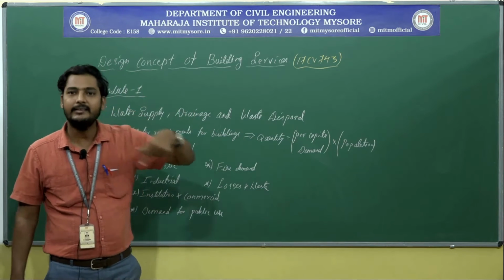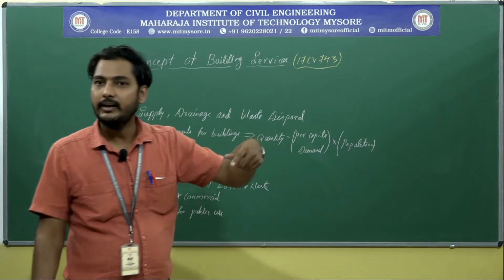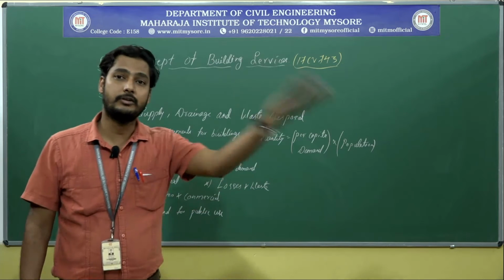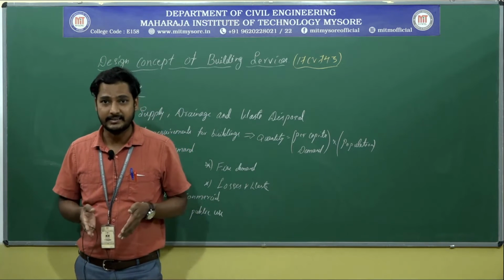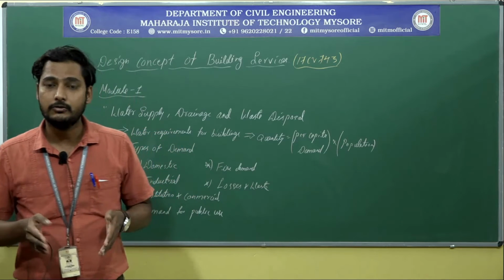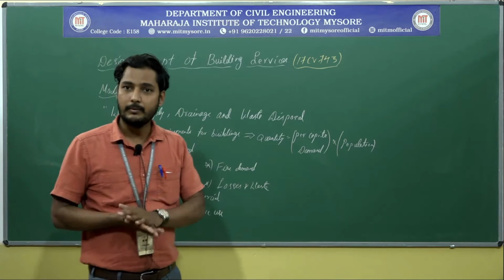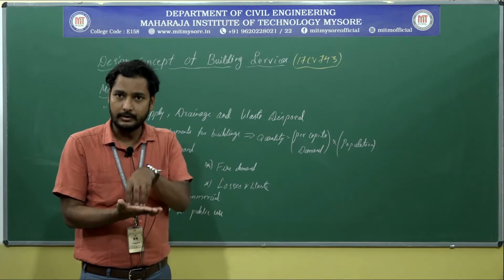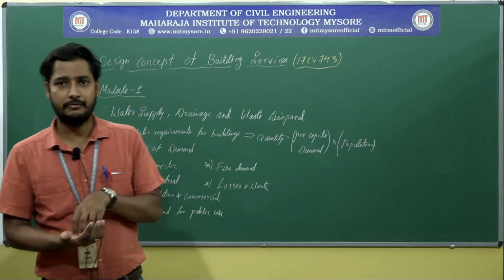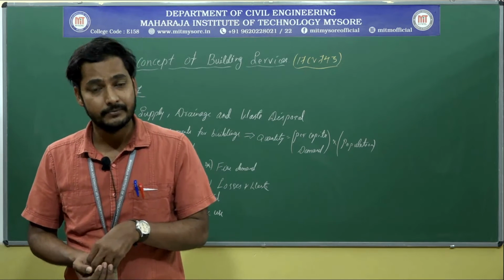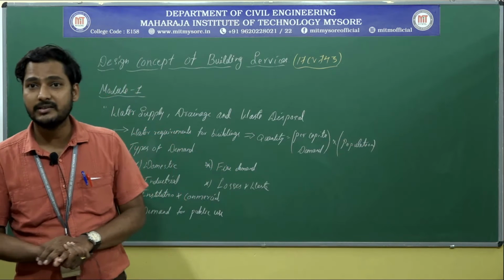For that locality, we calculate the population for future decades, not only the present decade. The present population may be around 10,000 for one particular layout, but after 10 years it will not remain 10,000. Of course, it will increase to some extent.